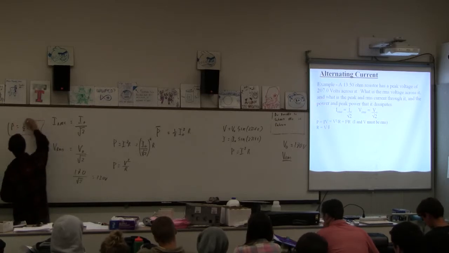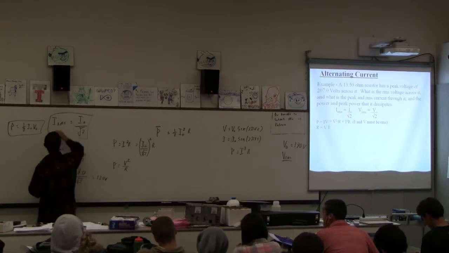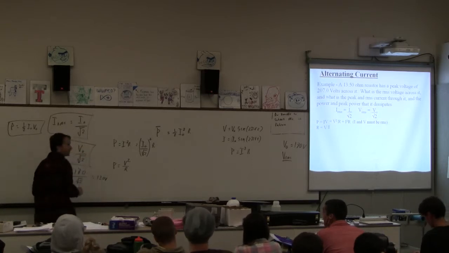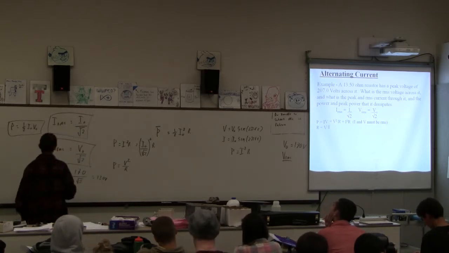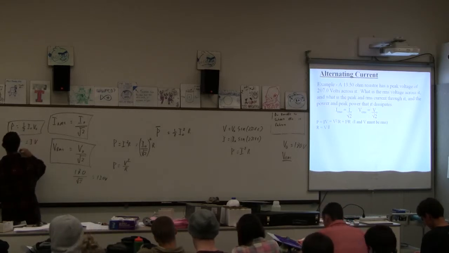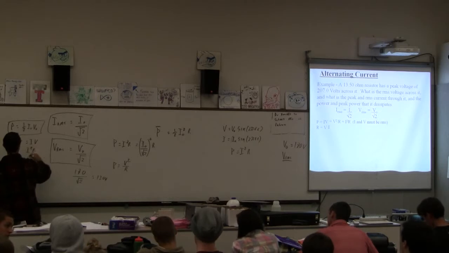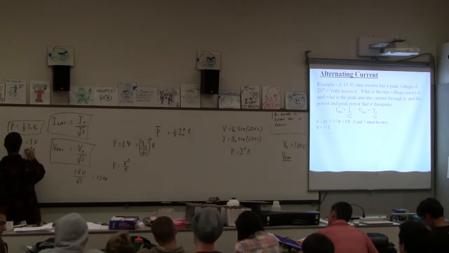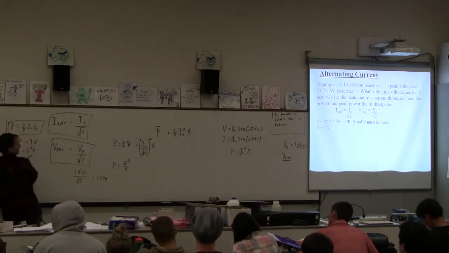And the other formulas are that power is IV, power is I squared R, power is V squared divided by R.